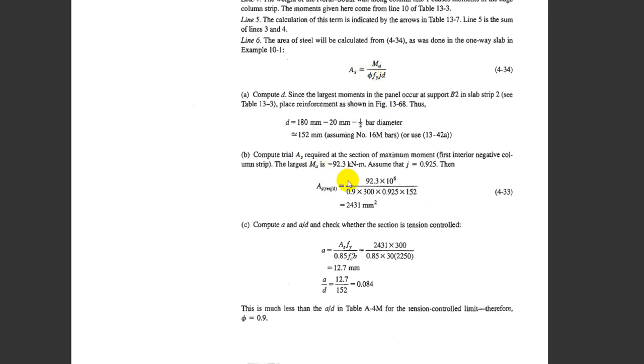And then the phi factor, the strength reduction factor, we have studied that, is 0.9 for flexural members, and fy was assumed to be 300 megapascal, and d is 0.925 times 152.